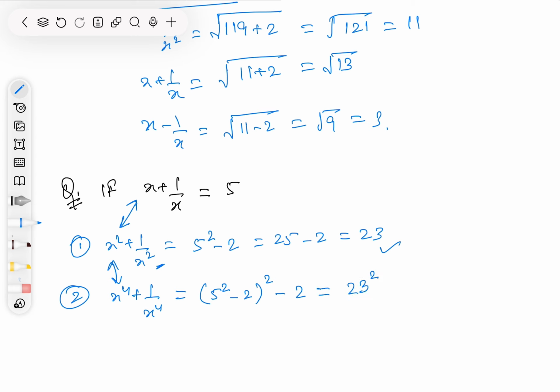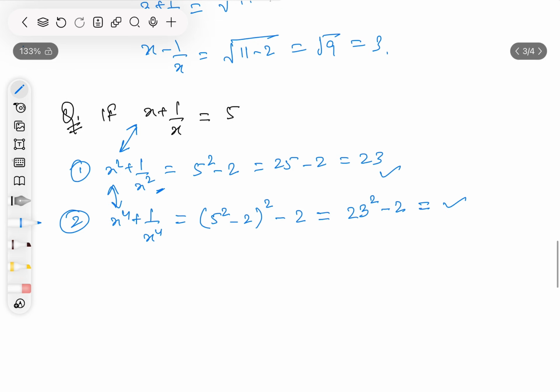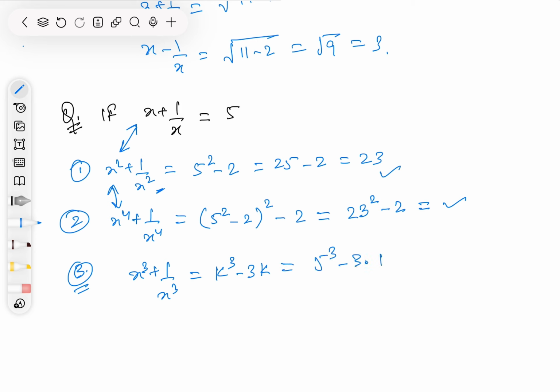So 23 square minus 2, you can find it out. Now let's say if I have to find x cube plus 1 by x cube, for this also we have the formula, that is k cube minus 3k. What's the k? K is 5. So 5 cube minus 3 into 5, that is 125 minus 15. So this would be 110.